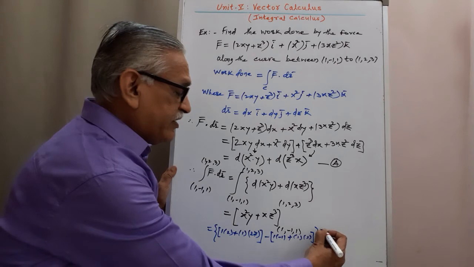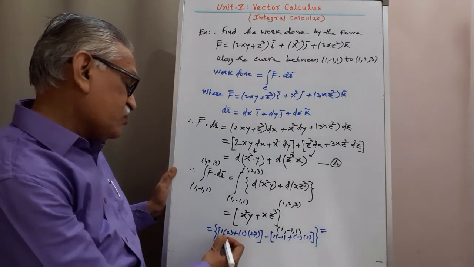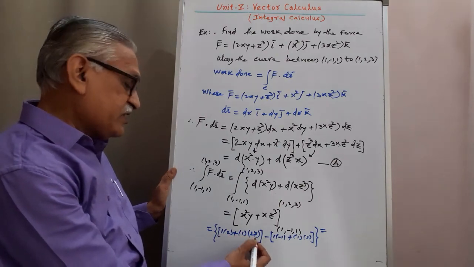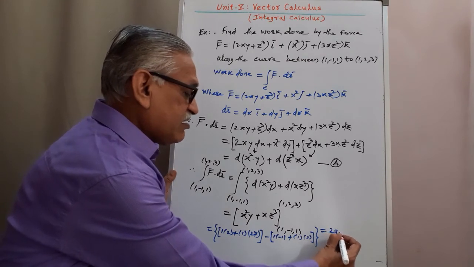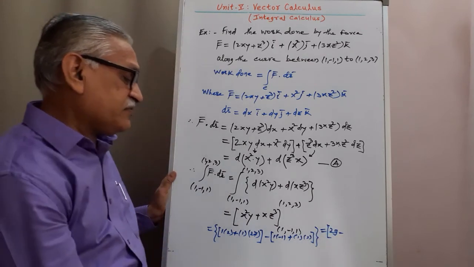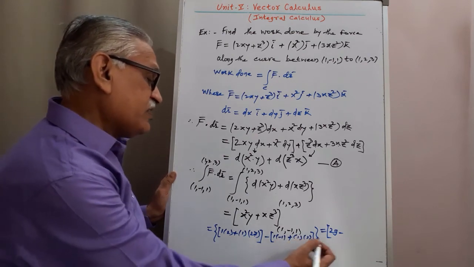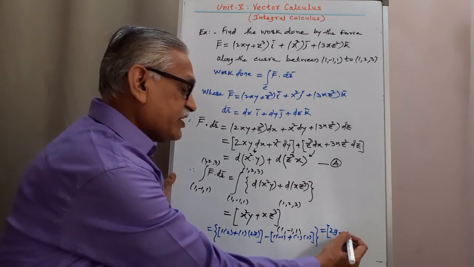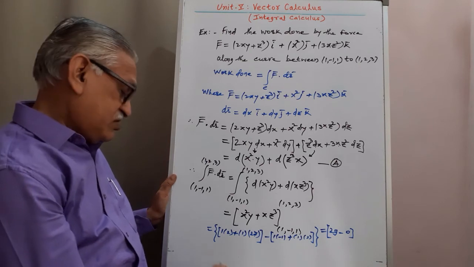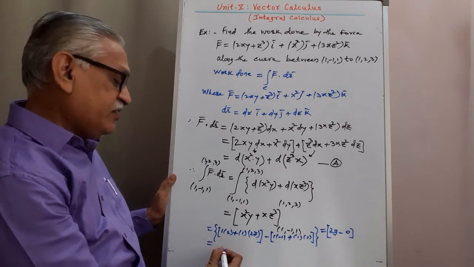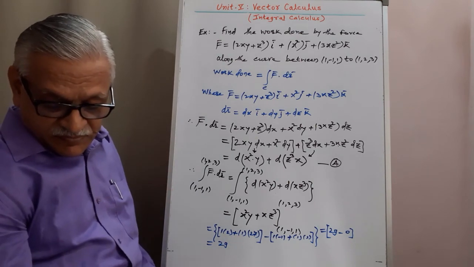And therefore, simplifying it, we get 27 plus 2, 1 into 27, we get 27 plus this 2, it is 29, minus, minus 1 plus 1, we get 0. And therefore, the value of that work done is 29 units.